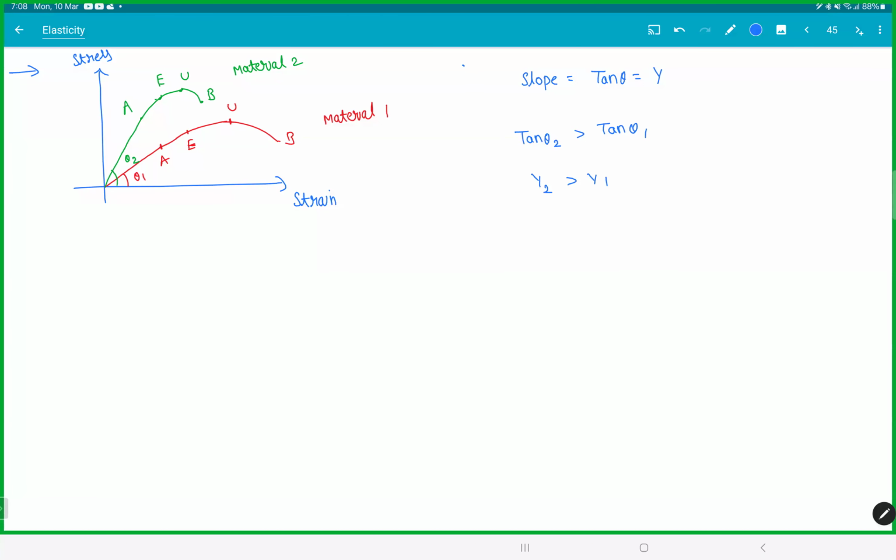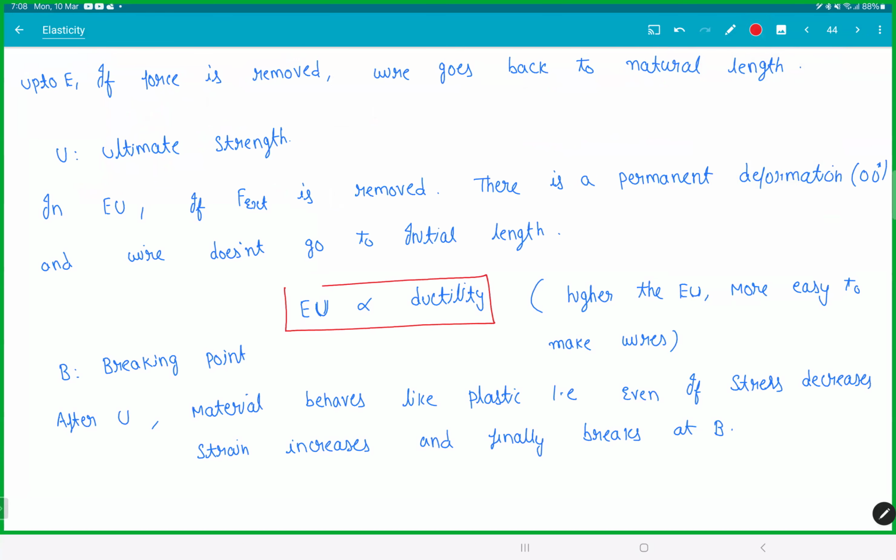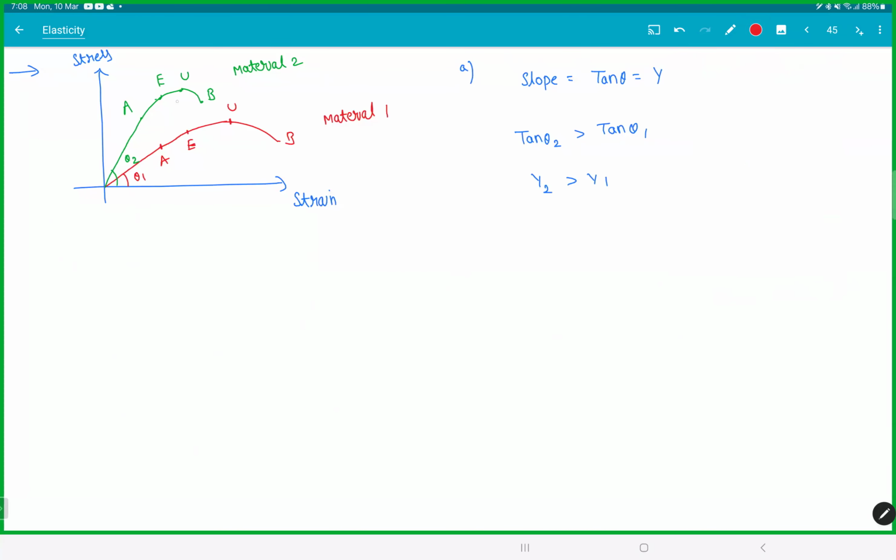What about which is better to make wires? To make wires, what should you check? The EU length. Between the red and the green one, you can see the green one is only this much, isn't it? Whereas the red one is this much. It means the green one, the moment you try to stretch a little further, will crack. Maybe it's like glass. Glass does that. It's difficult to stretch, but once you stretch beyond a little, instead of stretching, the glass will start cracking.